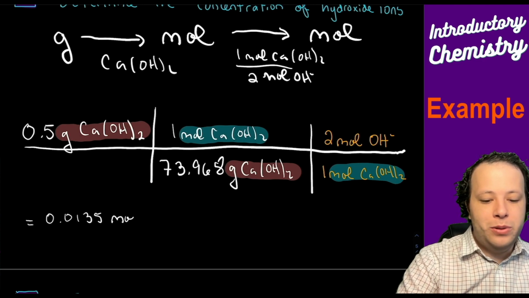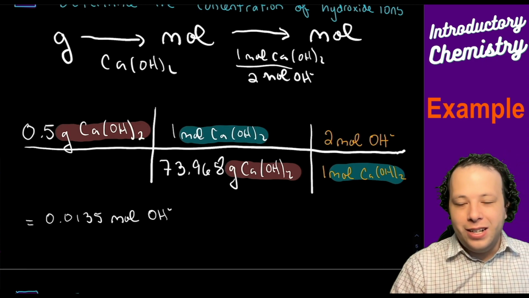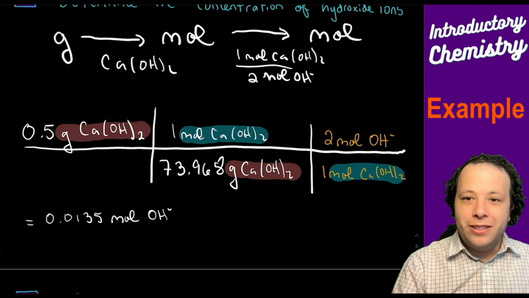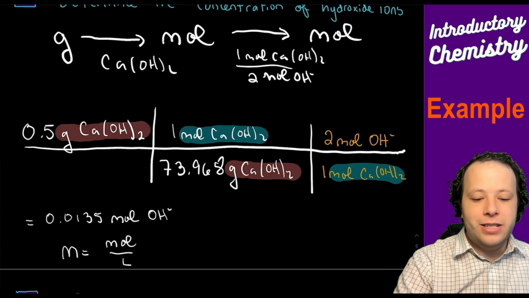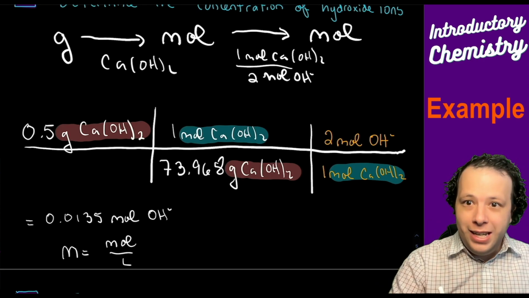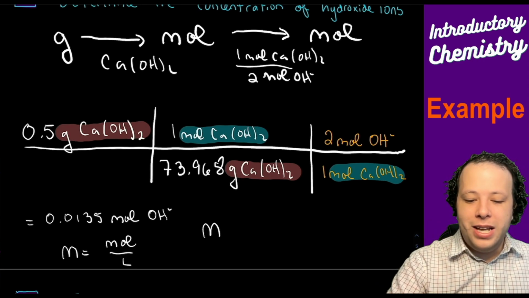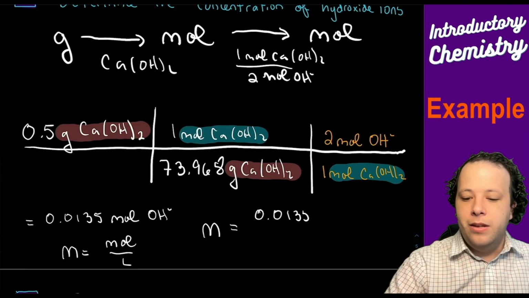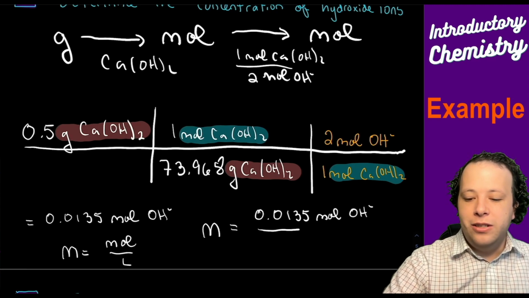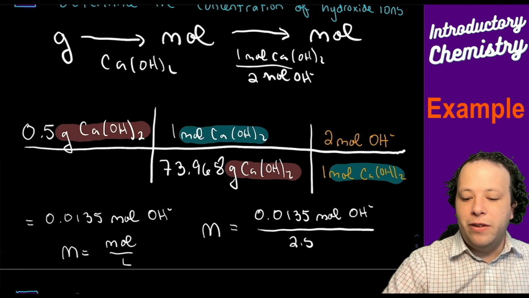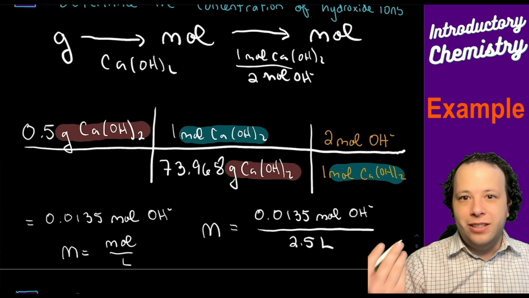we'll have 0.0135 moles of hydroxide. Now, how do you find a concentration? Well, this is where we have to treat molarity like a formula, right? Molarity is moles over liters. So we're going to plug in our moles and our liters. We'll put moles on top, and then we'll divide it by how many liters of solution there are, which were 2.5 liters of solution.